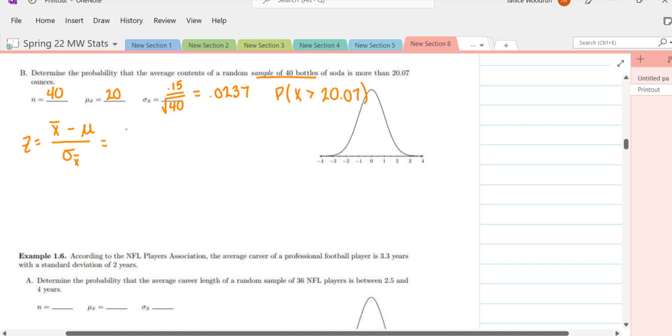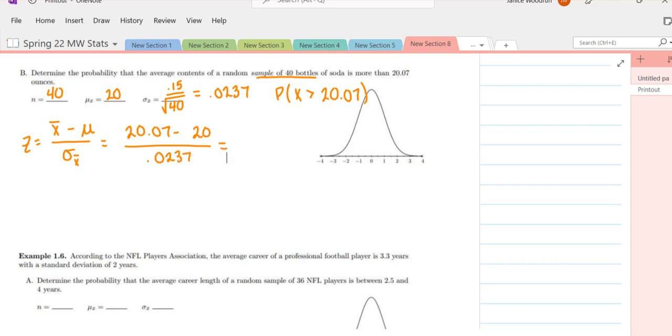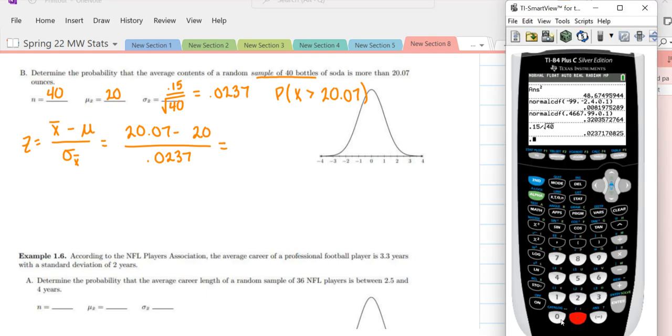So we would do 20.07 minus 20, but this time instead of dividing by 0.15, it's by 0.0237 because we're accounting for the sample size. So 0.07 divided by 0.0237 will give us a z-score of 2.9536.